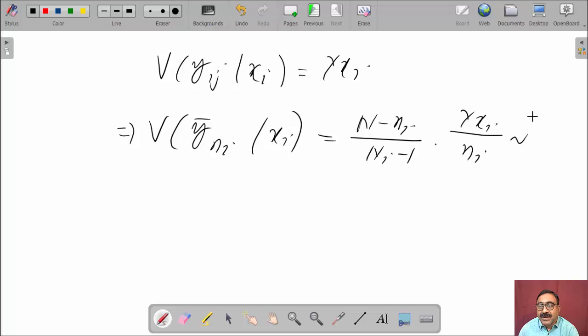This is approximately equal to 1, because (n minus n_i) by (n_i minus 1) is approximately equal to 1. So as per the assumption, this is only gamma x_i by n_i.